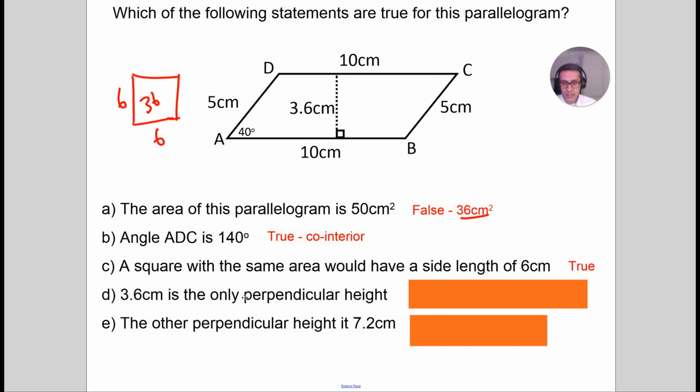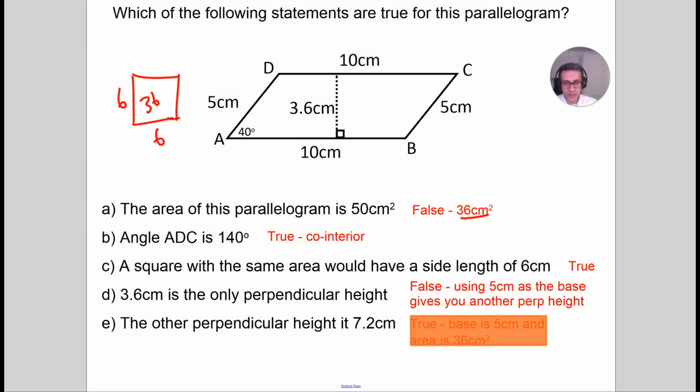3.6 centimeters is the only perpendicular height. Now this is false, because you might use this as a base, and then at a right angle to that, this is going to be hard to draw, but imagine a line that goes at a right angle to this. It may actually go outside of the shape, but that would be the perpendicular height.